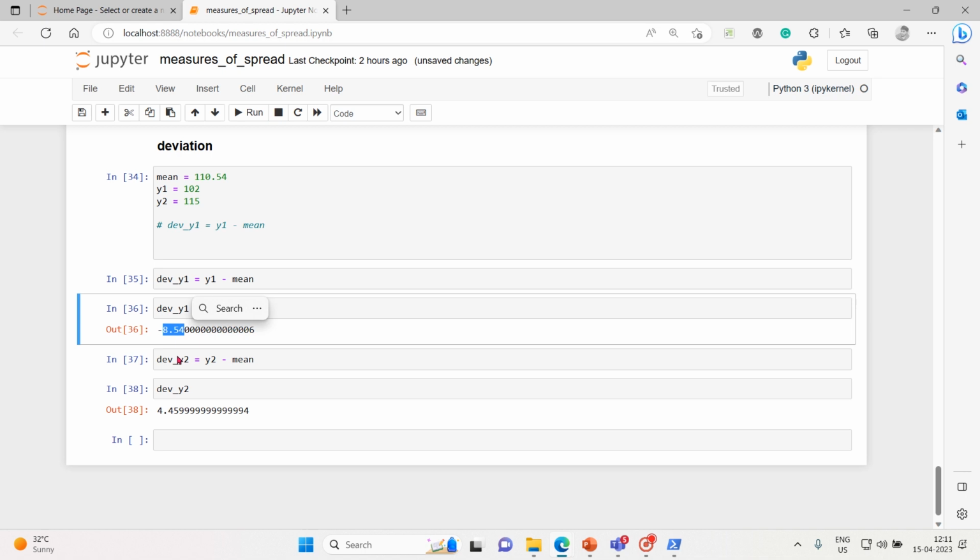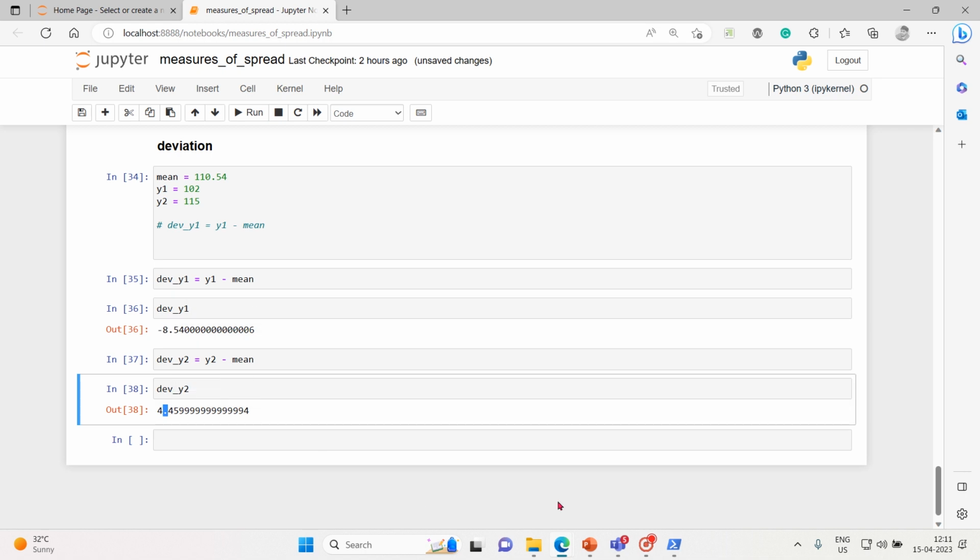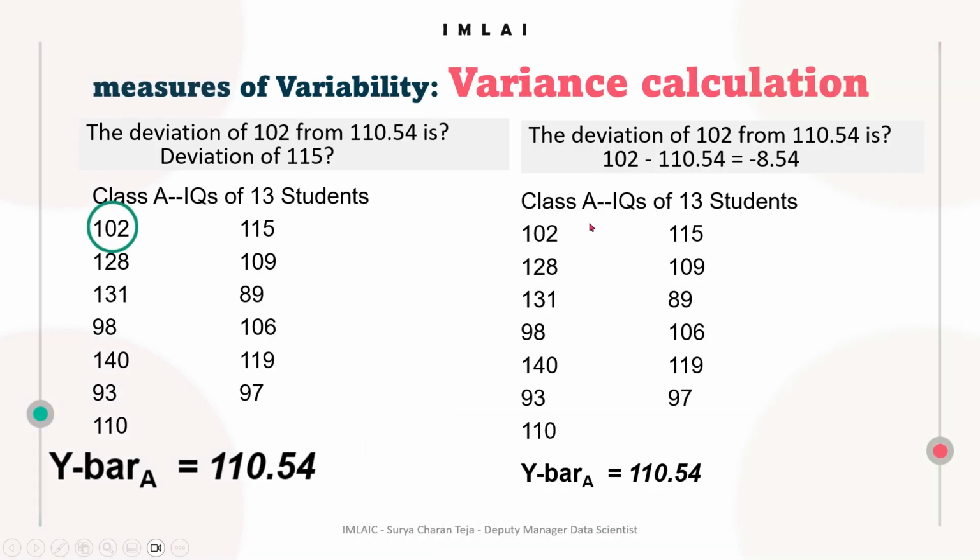For y1 it is negative, and for y2, the 115, it is 4.54. Okay, so this is how we calculate the deviation.